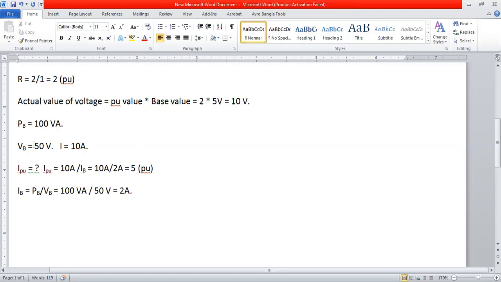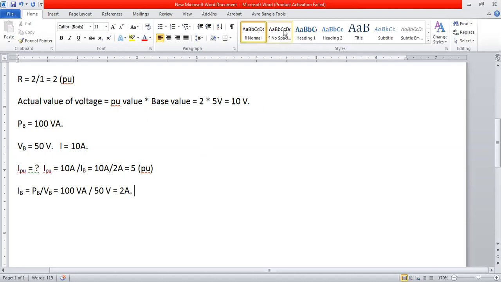Like in this small math problem, the base power, base voltage and the real unit of current are given. So now the question is to find out the per unit current. This is the solution procedure. Some values should be given to identify the base value of the unit for which you have to calculate the per unit value.